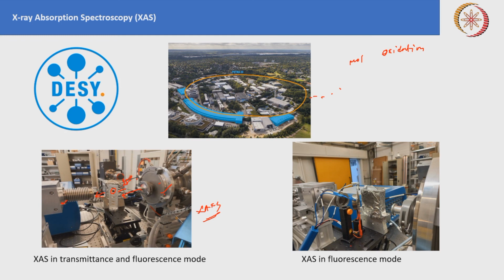I think in this course also we will learn about spectroelectrochemistry, so at that time I will discuss a little bit more about this. Basically you are doing some electrochemistry. This is the potentiostat and this is your cell. You are measuring in fluorescence mode, so here some electrochemistry is occurring, and along with this you are measuring X-ray absorption spectra. You can also measure UV-visible spectra.